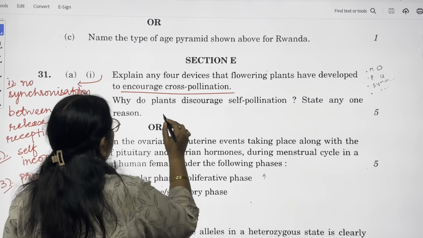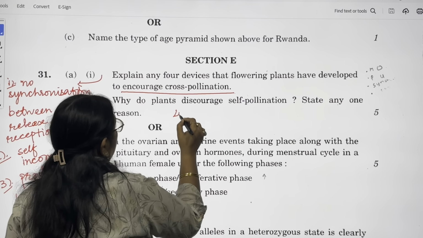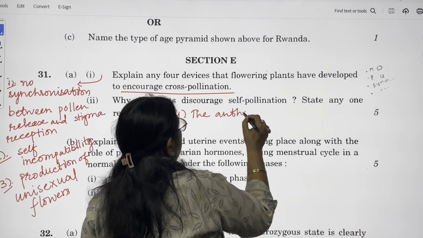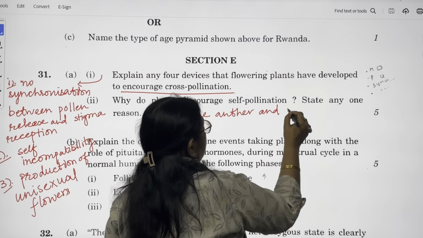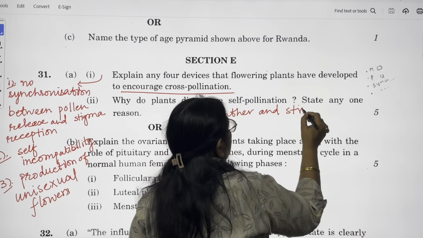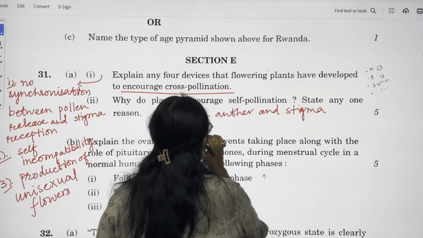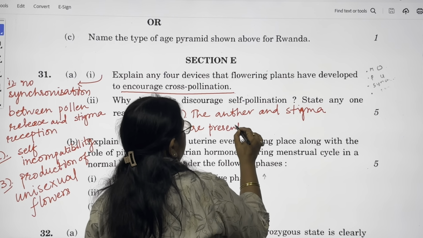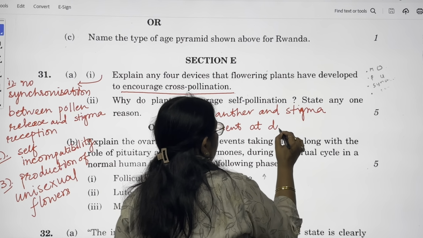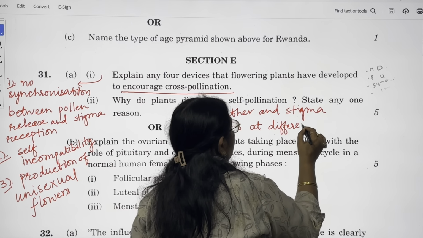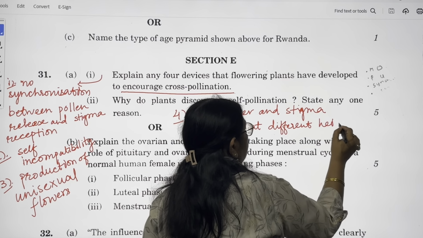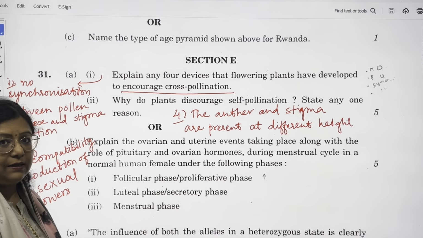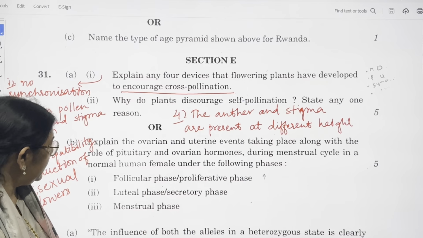Fourth is the anther and stigma are present at different height. You can also write if there is a barrier between the anthers and the stigma, like hercogamy.